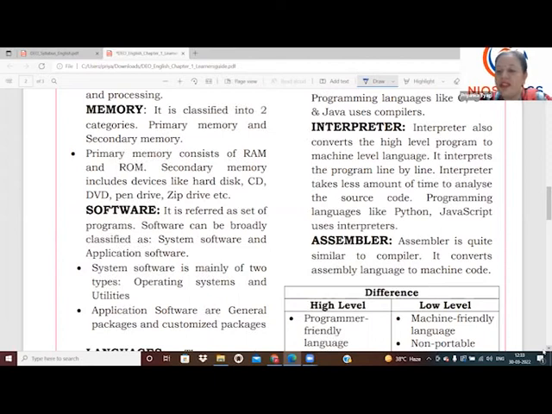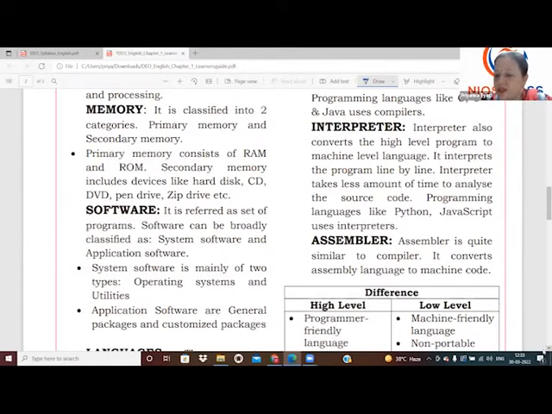If I give you a one line explanation, when you assemble the hardware of your computer system, that hardware can work with the help of software, right? Software is anything which we can see but can't touch, and we can operate our hardware with the help of software.